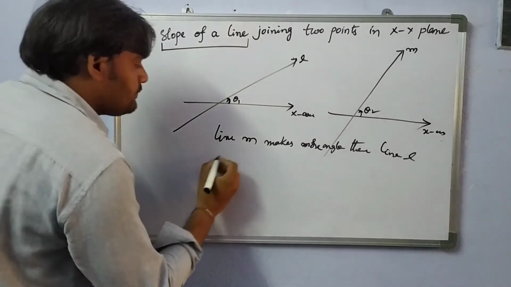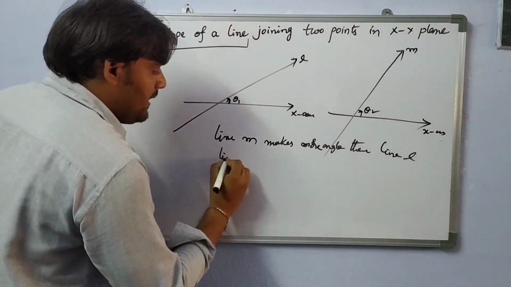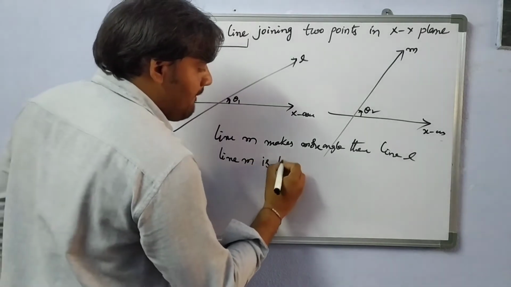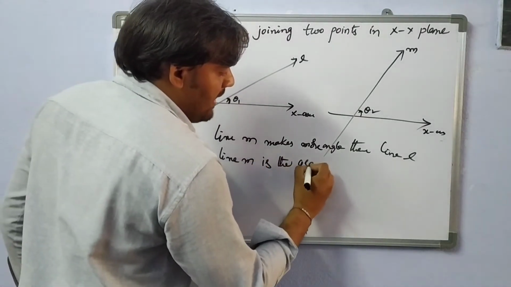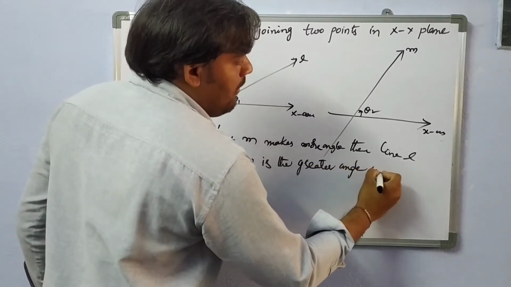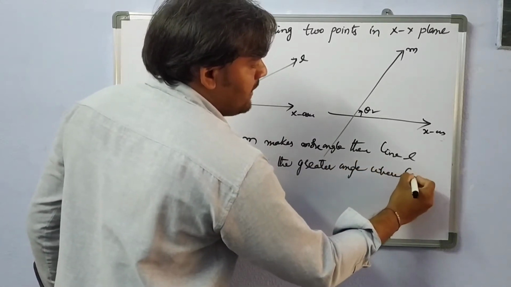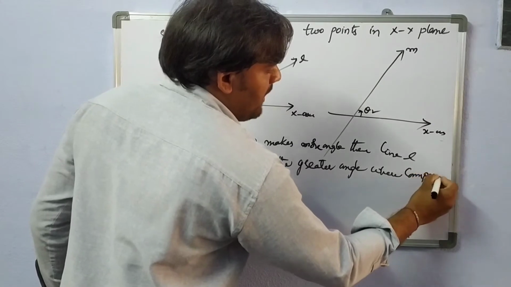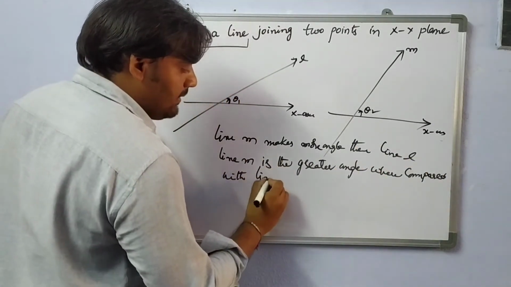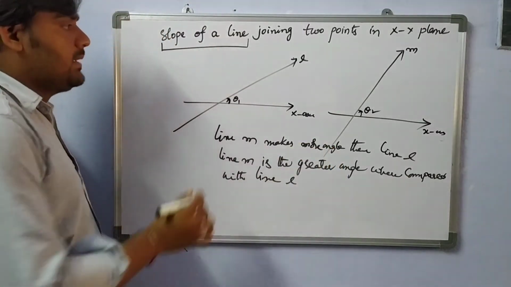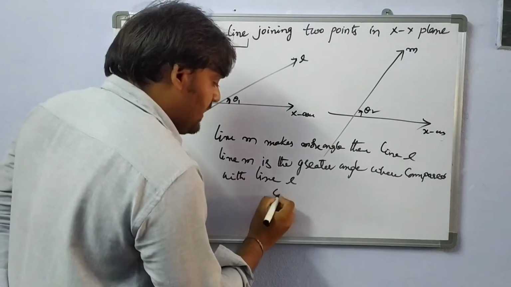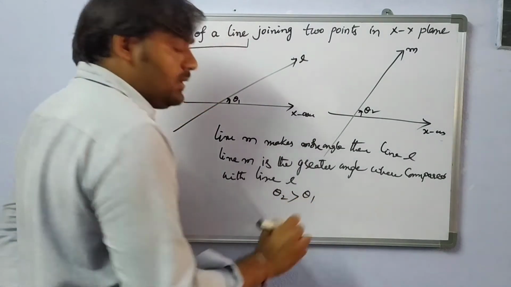It means line M has a greater angle when compared with line L. In these two angles, theta 2 is greater than theta 1.